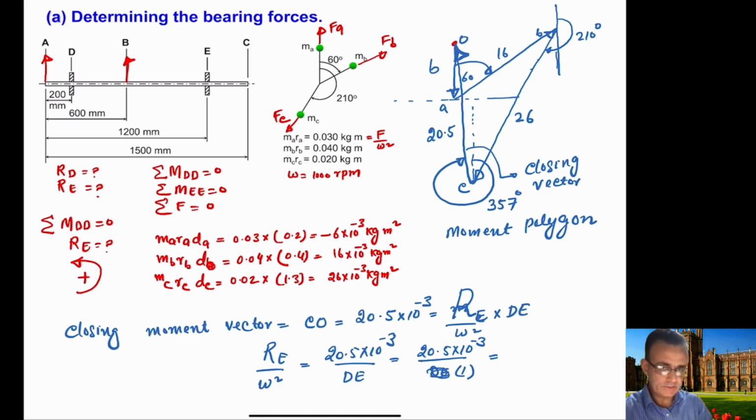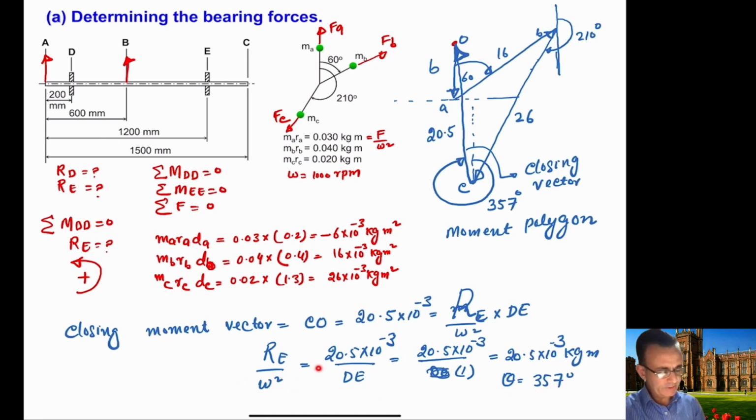So this will be 20.5 × 10⁻³ kilogram meter. So this is the value that we have for it, and the angle here is obviously 357 degrees with the vertical.